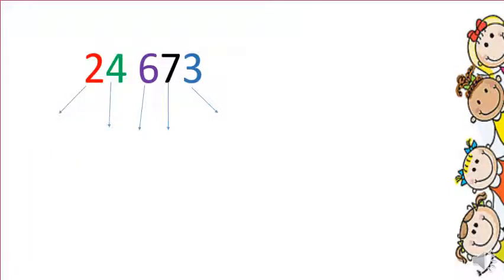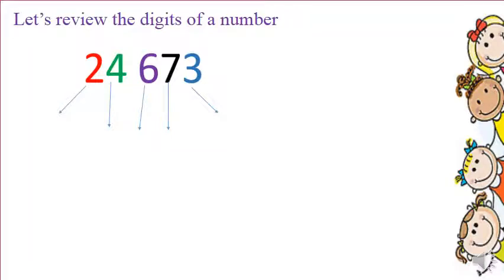First of all, look at this number. Can you recognize the digits? What are the names of the digits? 3 is the ones, 7 is the tens, 6 is the hundreds, and after 3 digits we put a comma.